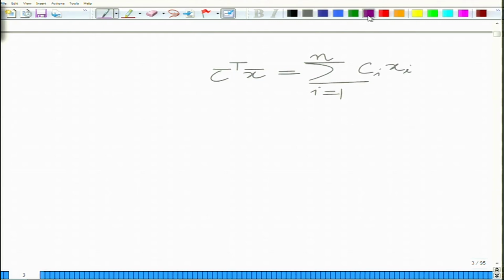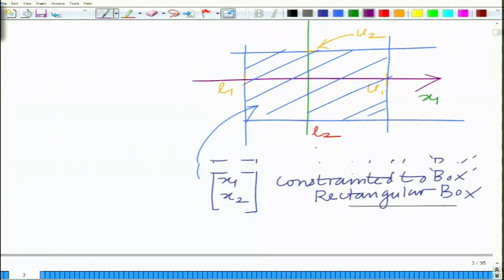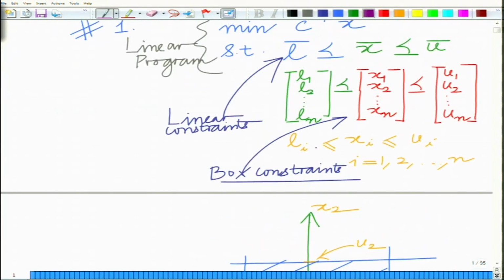Now, observe these box type constraints make sense only if li is less than or equal to ui. So we assume here that li is less than or equal to ui. If li is not less than or equal to ui, then no xi can satisfy xi greater than or equal to li but less than or equal to ui, which means the problem becomes infeasible.